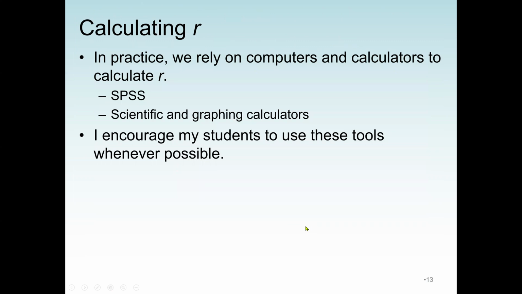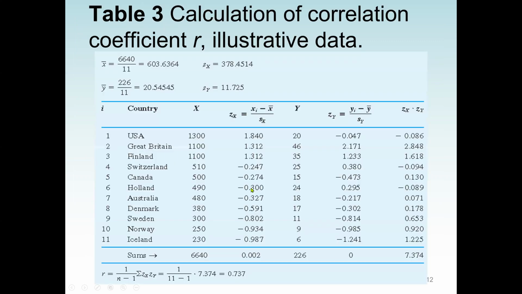So in practice, we're going to rely on computers and calculators to calculate R. You can see that this is only 11 values, but it's a long process because we have to find a Z for each value, and again, then multiply all. So imagine if our data set is 50, 100, it can take time to finish.